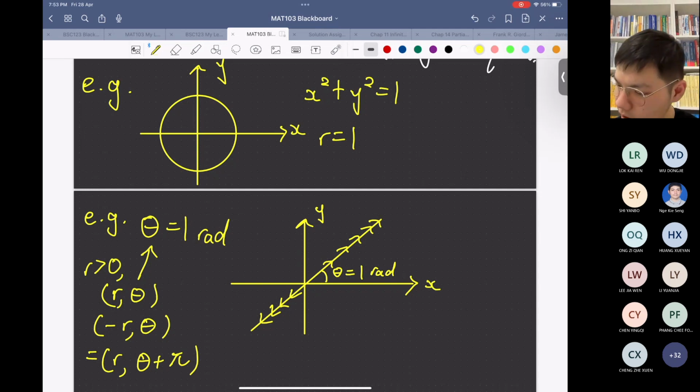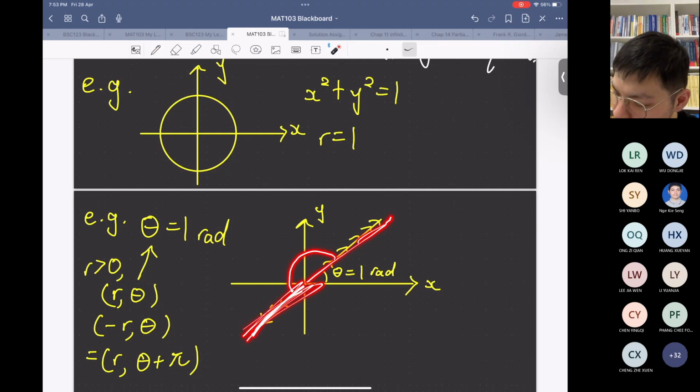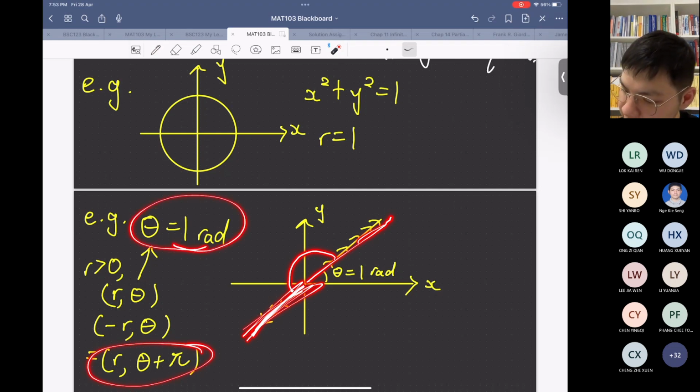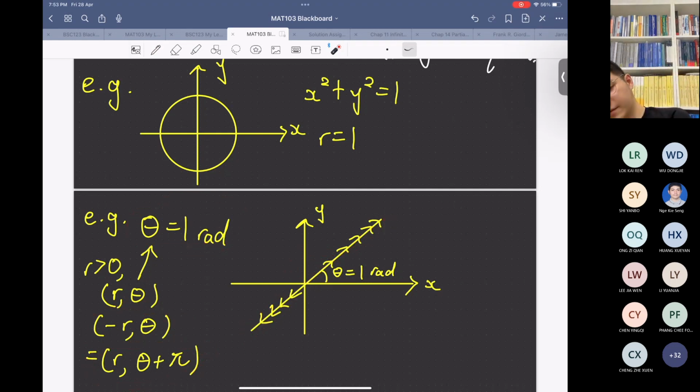So if you take all the positive r with plus pi, these are also points that satisfy the same theta. Does it make sense or not?